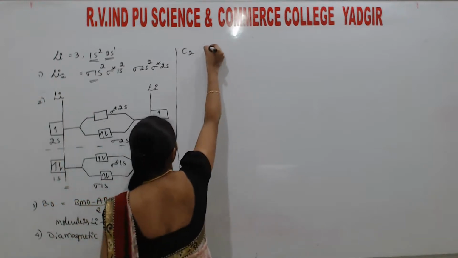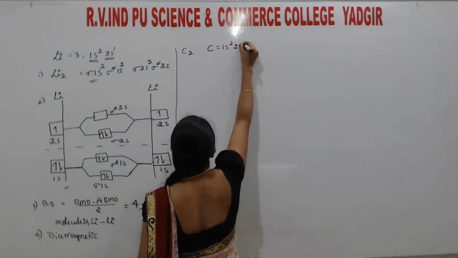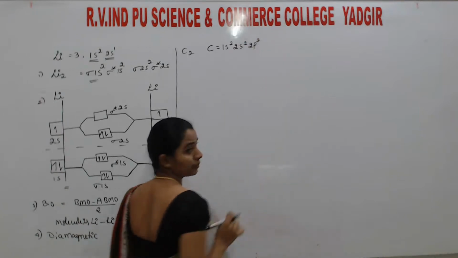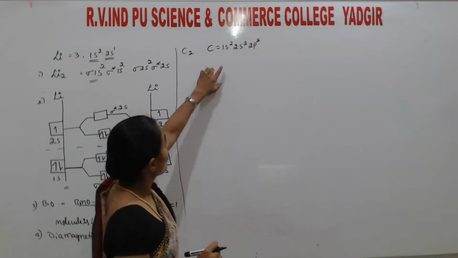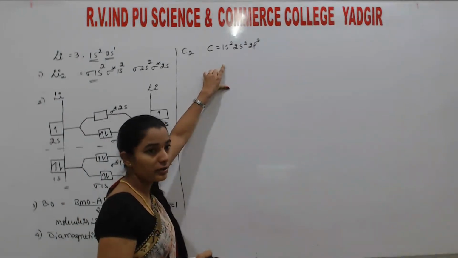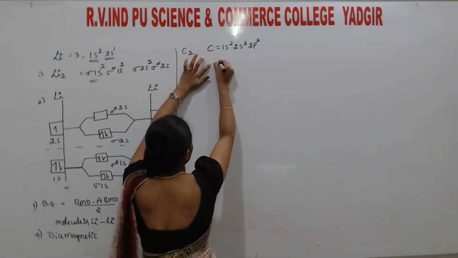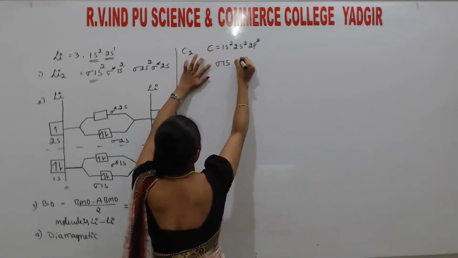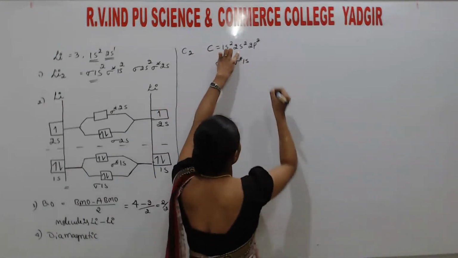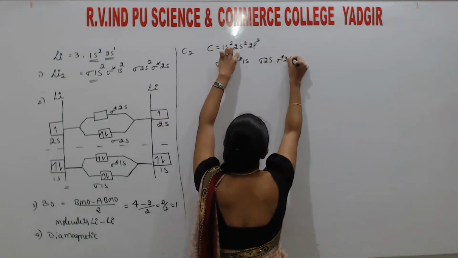So listen, one carbon configuration is how much? 1s2, 2s2, 2p2. Now listen, if the 1s orbital is there, then what must be the molecular configuration? If the 1s orbital is there, then it is sigma 1s, sigma star 1s. If the 2s orbital is there, then it is sigma 2s, sigma star 2s.